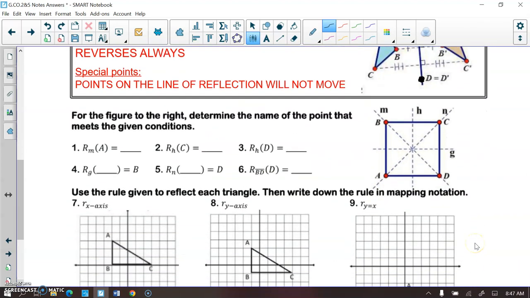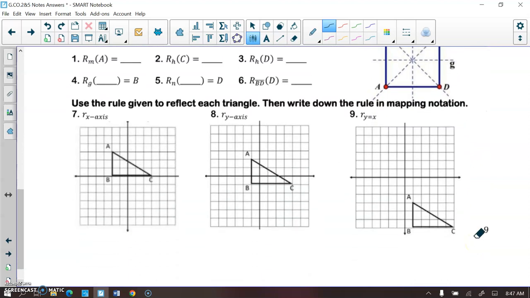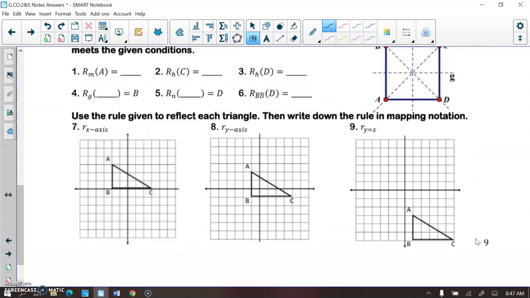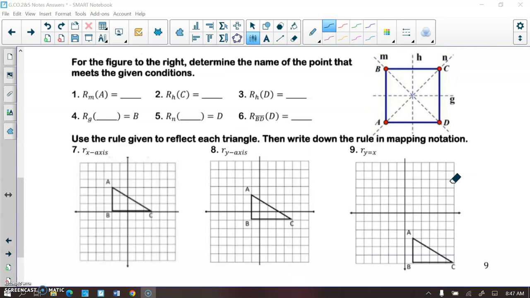All right, so let's get started. In number 1, we are reflecting point A over line M. This is line M here. So what we want to do is travel perpendicular to line M, and then travel the same distance perpendicular on the other side.